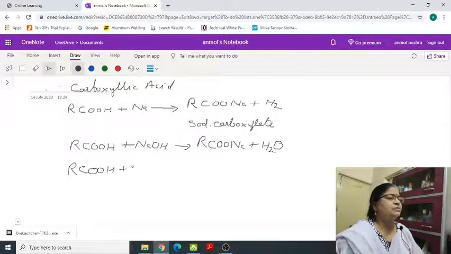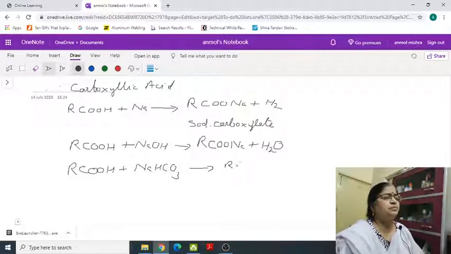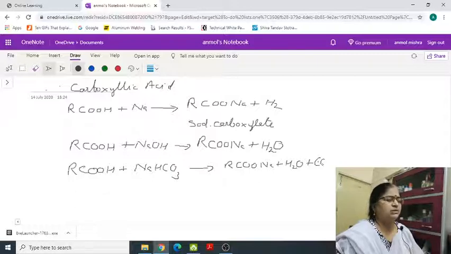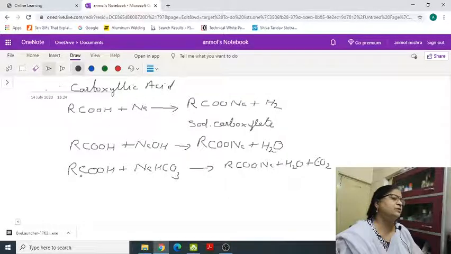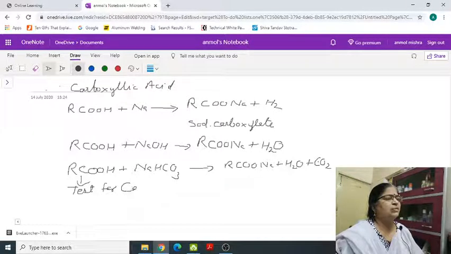It forms salt, water and carbon dioxide. This reaction is used as a test for the carboxylic acid group.